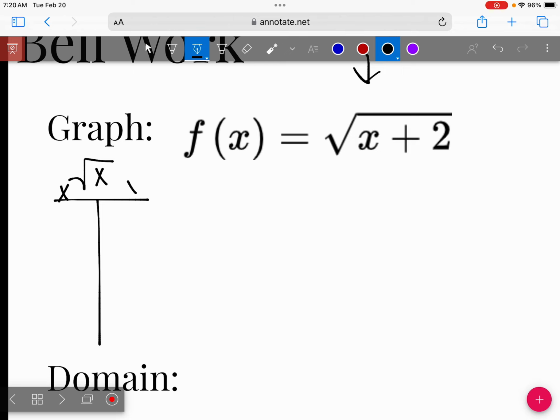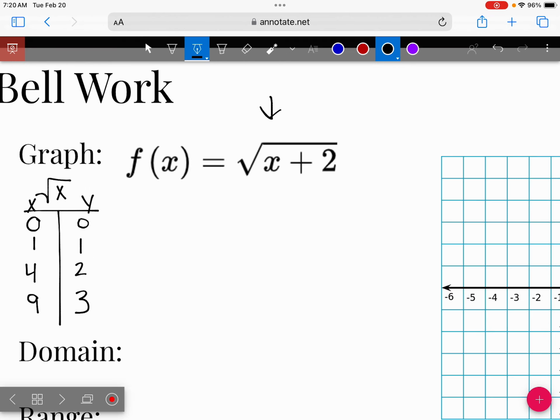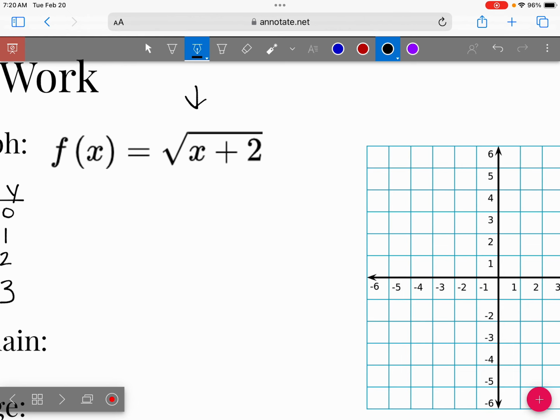We picked some x values to find y values. Square roots was one of our weird ones because we picked x values that were easy to square root. So we typically used 0, 1, 4, and 9 because it gave us y values of 0, 1, 2, and 3. So getting that parent table is the first step.